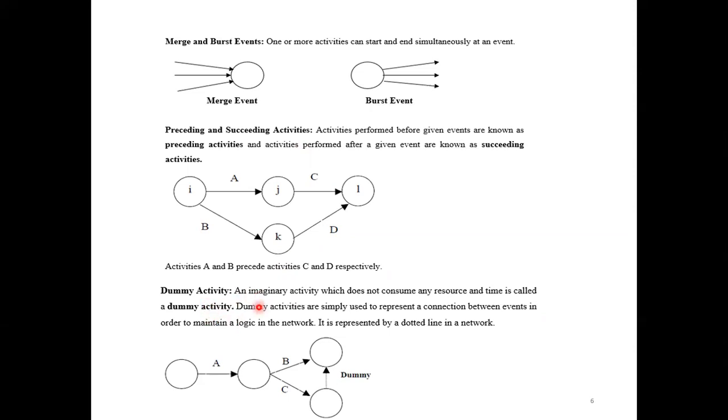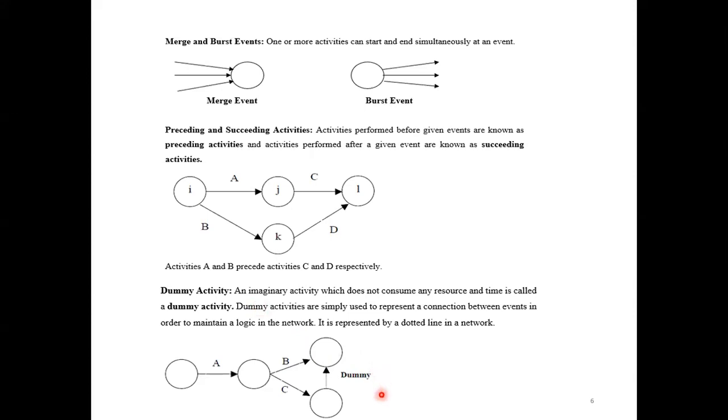There will be a dummy activity also, a dummy function in the network. Dummy functions arise in the transportation problem as well as in the assignment problem. Here also, the dummy activity is used in situations where we cannot find a line to connect two activities.